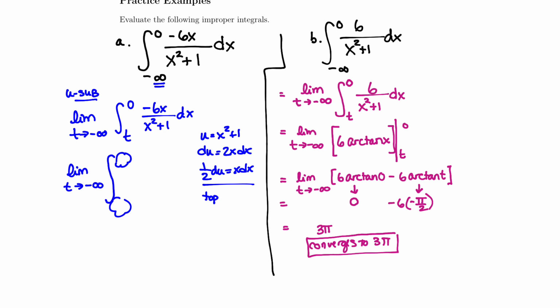If I want to change my top, I'm going to take 0 and substitute it in for x over here. That's going to give me 0 squared plus 1, which is just 1. I now have a new top limit. If I'm going to change my bottom, I'm going to put t squared plus 1, and that becomes my bottom limit.